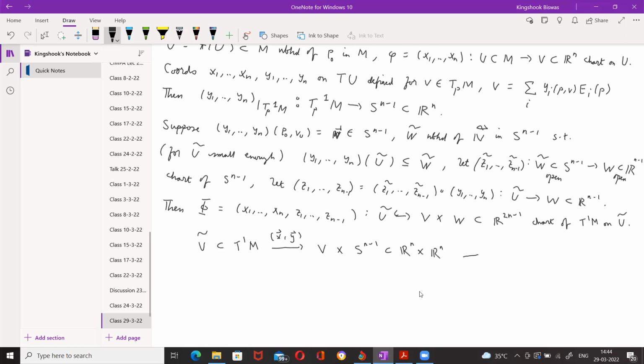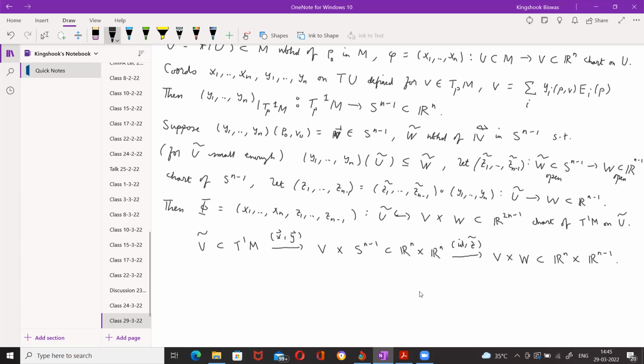And then I'm composing with identity comma Z tilde. Z tilde is a chart on S^(n-1) near this point N of S^(n-1). So this will map to V cross W in Rn cross R^(n-1). Okay. Is this all right? Yes. Okay.